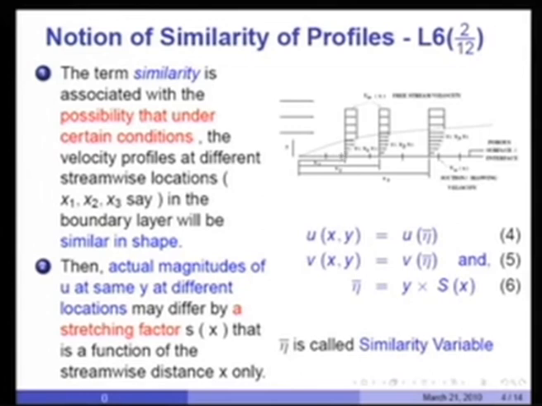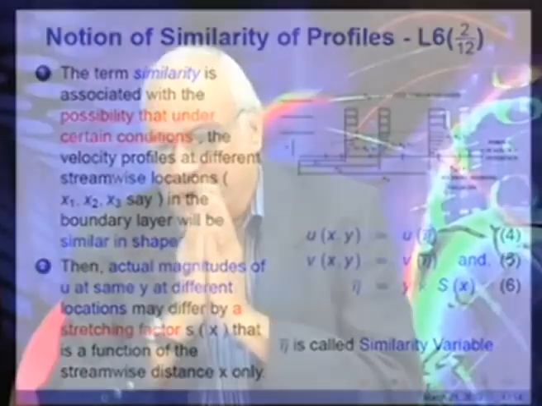Now, this idea of a collapse is very, very important, and that is really what underlies the similarity. The profiles at different positions x 1, x 2, x 3 will collapse on each other if their shapes at each position were equal. What does that mean?